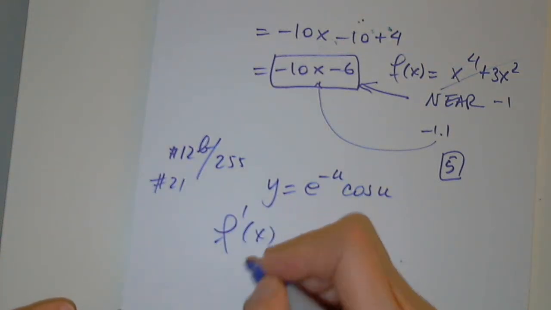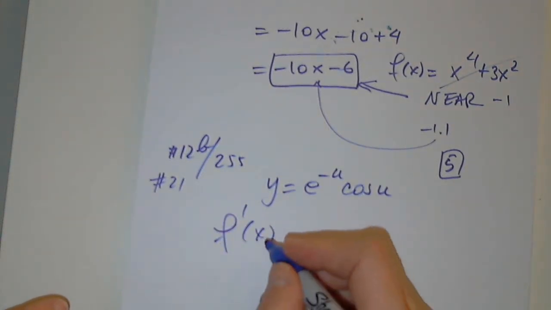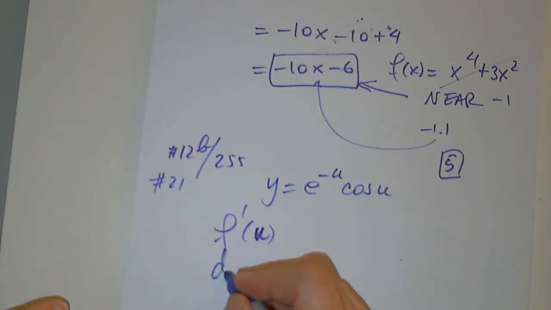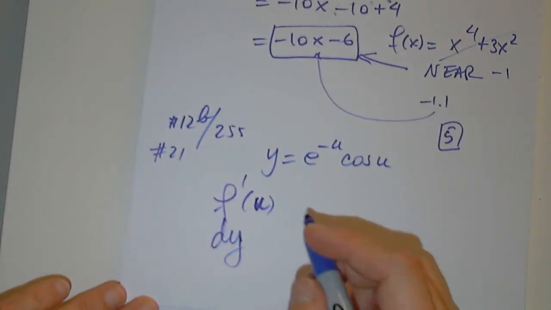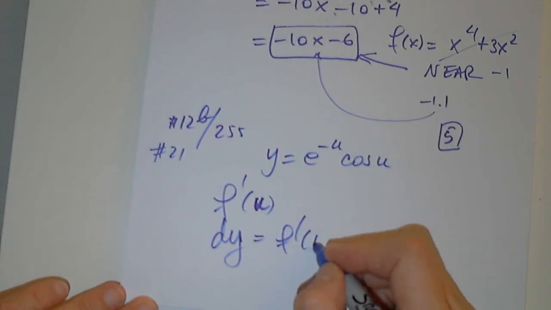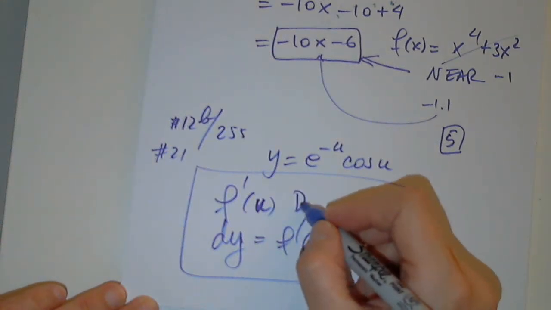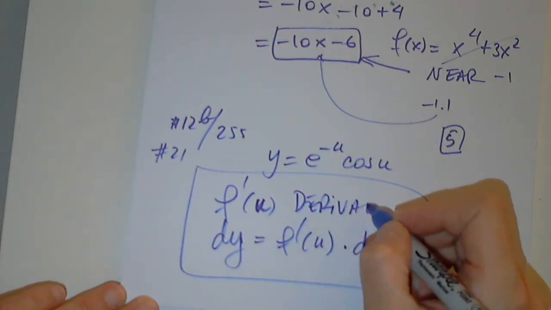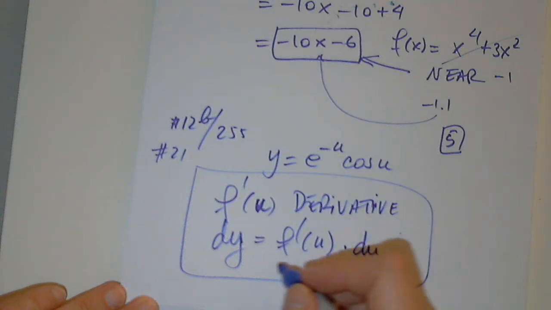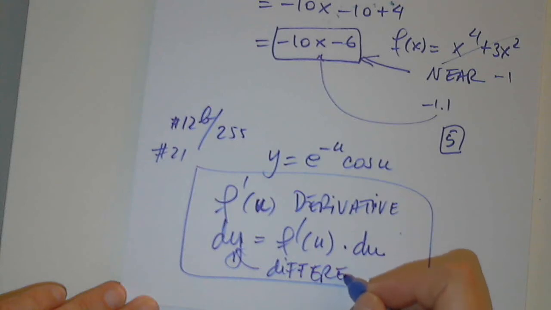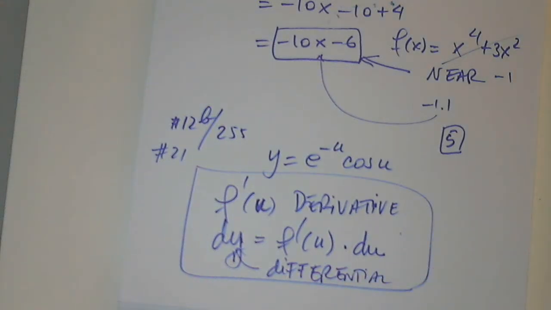One situation is this, in this case, the derivative. The other, which is a totally different situation, is f prime of u times du, and this is the differential. The derivative is one thing, the differential is f prime of u du. So we're not asked to find this, we're asked to find this.